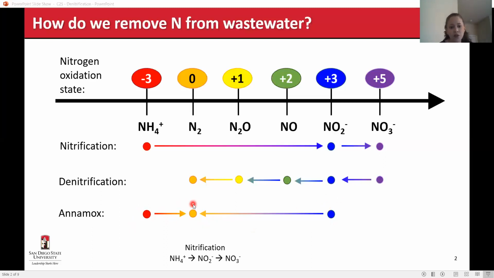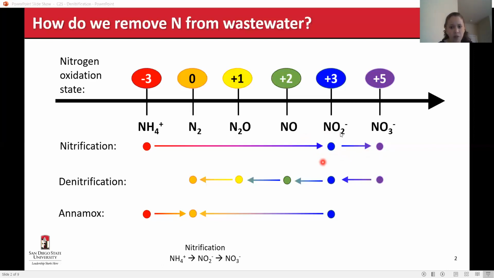This is actually really helpful because some processes now in wastewater treatment will do partial nitrification. So it'll take ammonium, go to nitrite and stop there. They have to be very careful with the process controls and how much dissolved oxygen is provided, because they don't want to go all the way to nitrate.